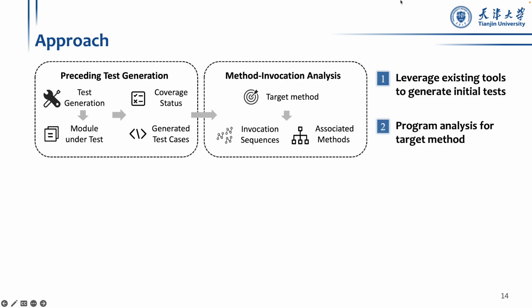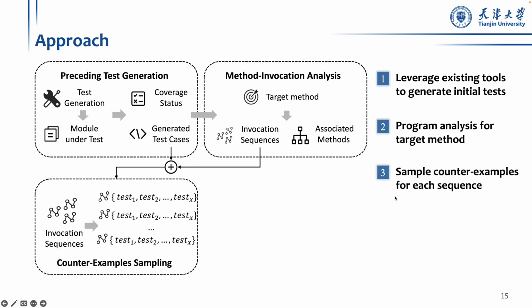Next, TELPA collects the methods containing branches not covered by the preceding testing process, and then performs object construction and branch dependency analysis on these methods to gather information needed for handling complex object construction and interprocedural dependencies. Then, for each sequence, TELPA samples a batch of counterexamples from the existing test cases.